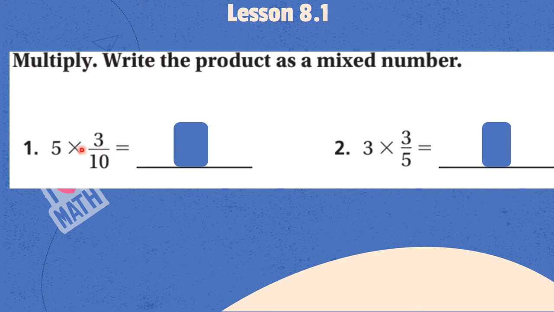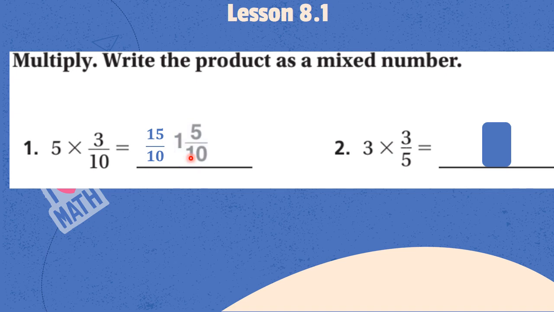So we have 5 times 3, which is 15 over 10. And we agreed that if we want to write this as a mixed number, we're going to subtract 15 minus 10 equals 5. We write it as the numerator.